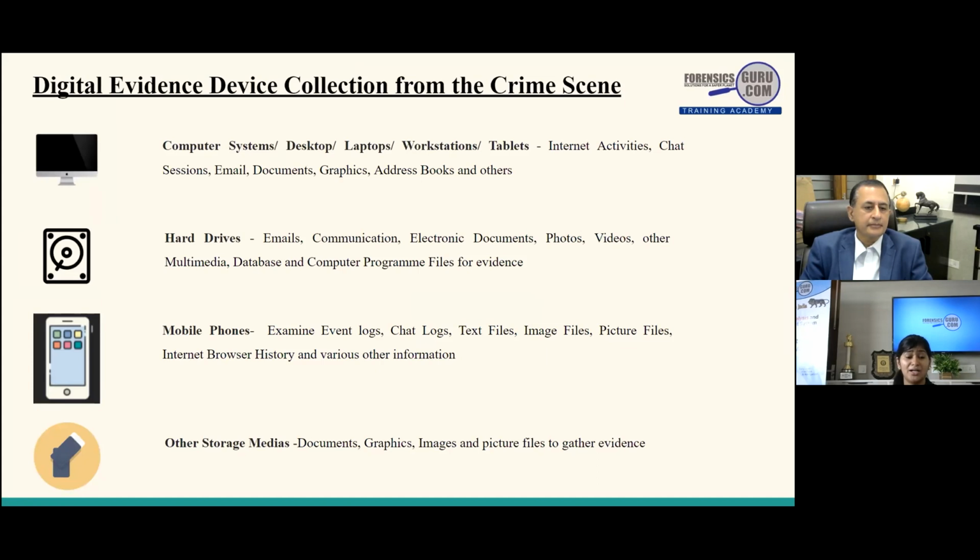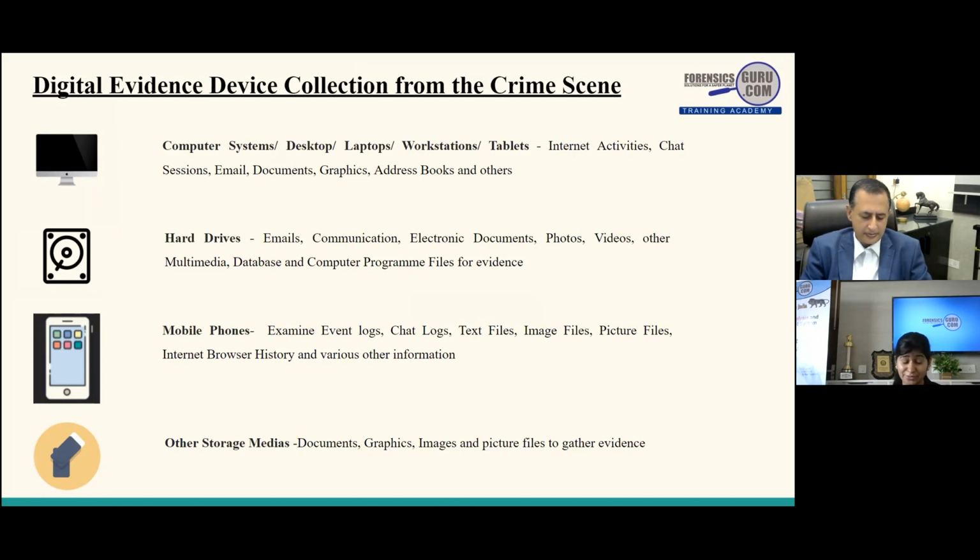Now, the investigating officer or the first responder is ready with everything, but he or she needs to know what kind of items or evidence he or she can get at a crime scene. So beforehand, the first responder should know what kind of devices he or she may get at the crime scene or the incident location.